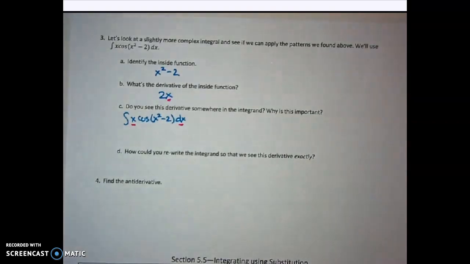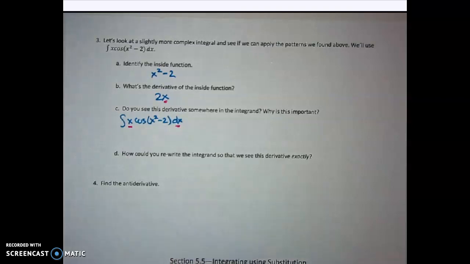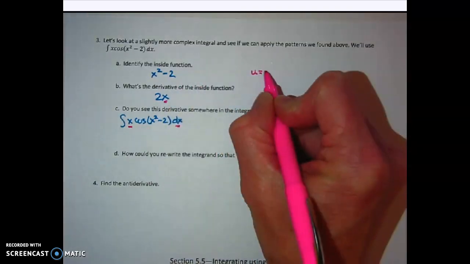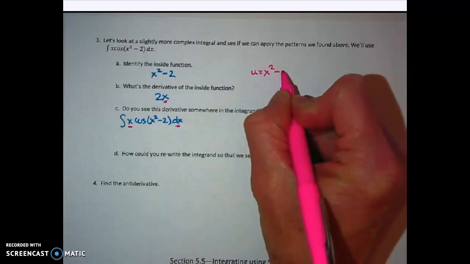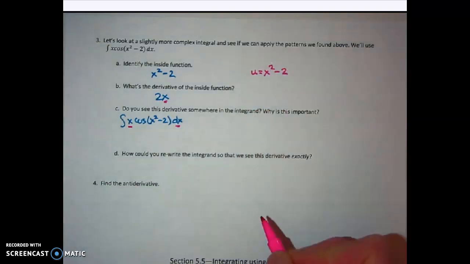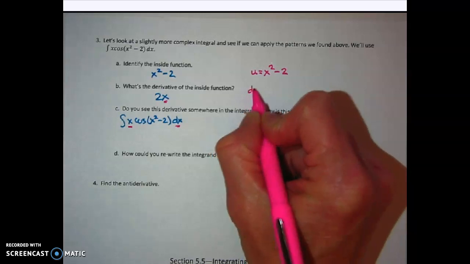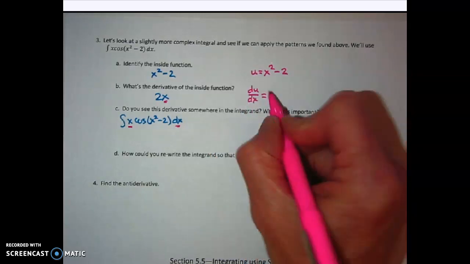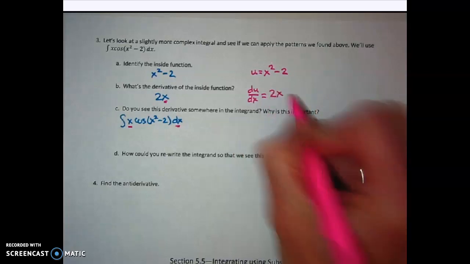Basically, since I would need to use the chain rule for the derivative, I need to have the derivative as part of the integrand so I can use substitution. So let's go up and take a look at how this works. We're going to let that inside function be my u. So that's x squared minus 2. And the derivative of that, du dx, is 2x.